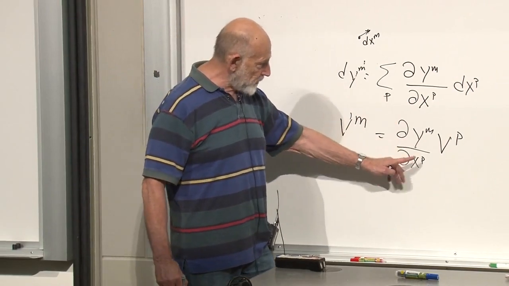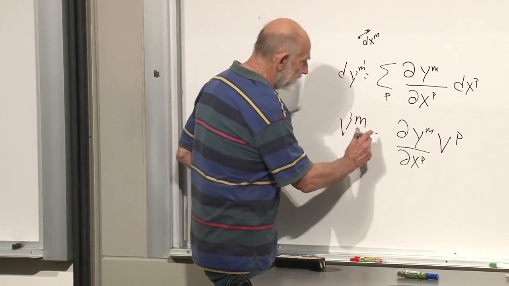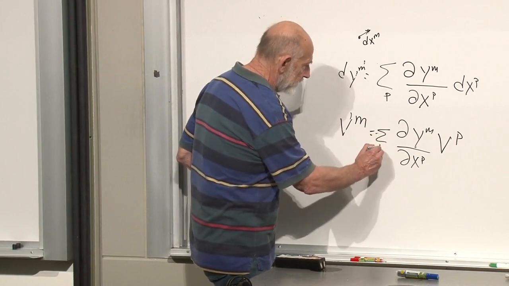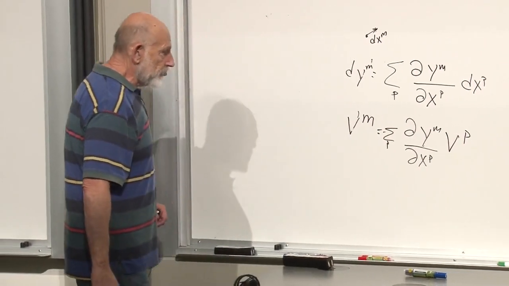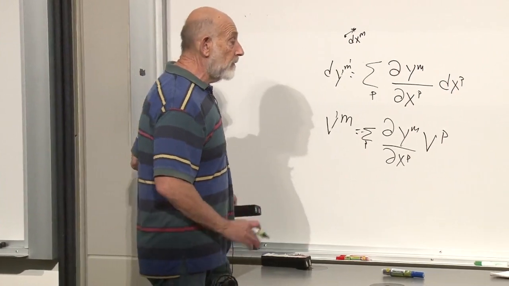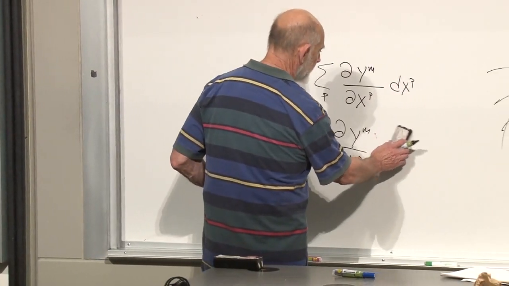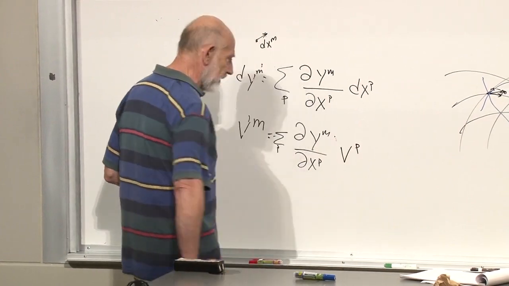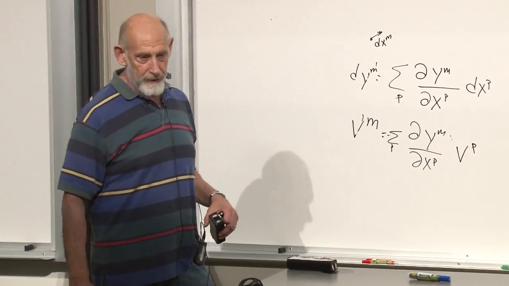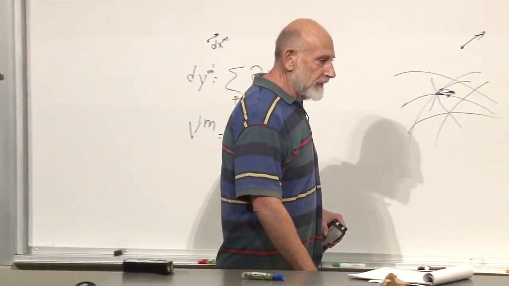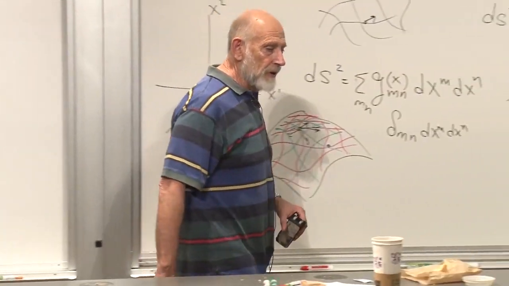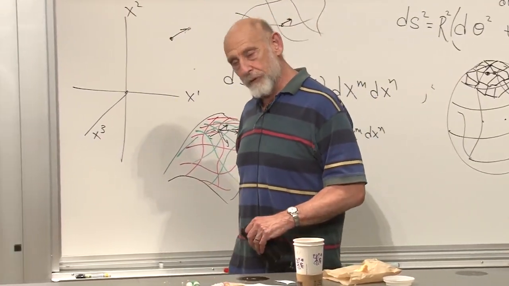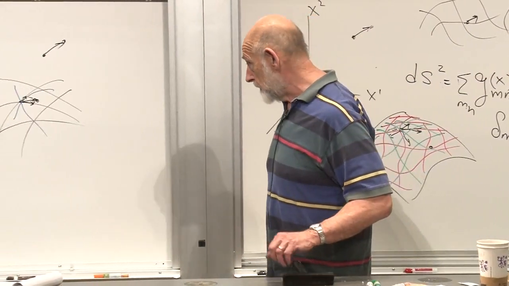This is the transformation property, summed over p. This is the so-called transformation property of a contravariant vector. I don't know why it's called contravariant as opposed to something else, but we'll see there are two different kinds of vector indices.